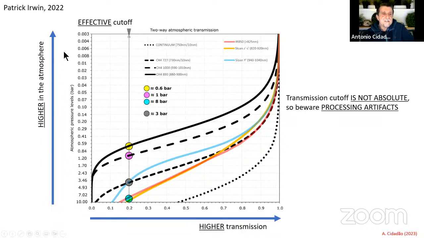Here you have an axis that represents height in the atmosphere. Here is an axis that represents the transmission that the filter is able to produce.